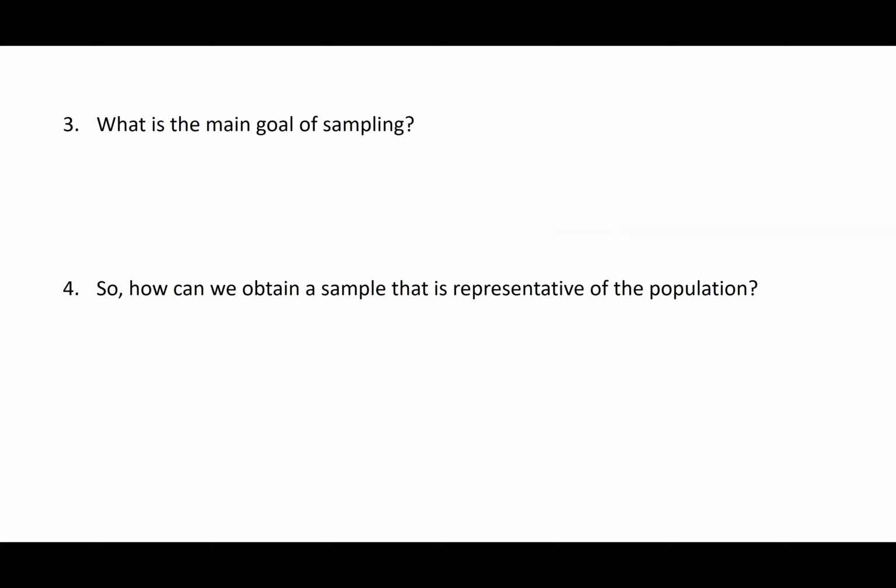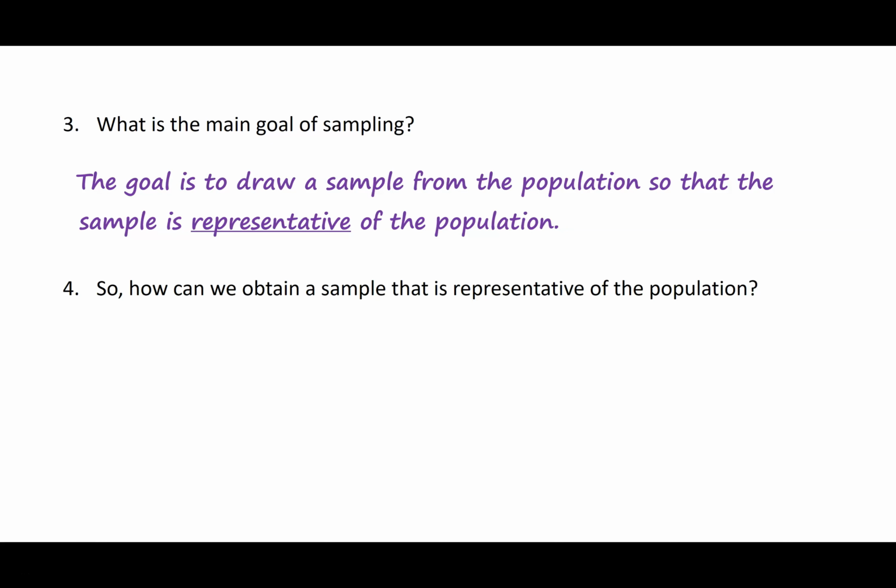So the main goal of sampling, well, for starters, it definitely saves a lot of resources from collecting data on the entire population. So the idea here is we want to draw a sample from the population such that the sample is representative of the population.